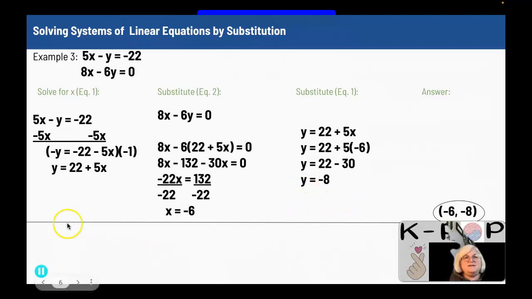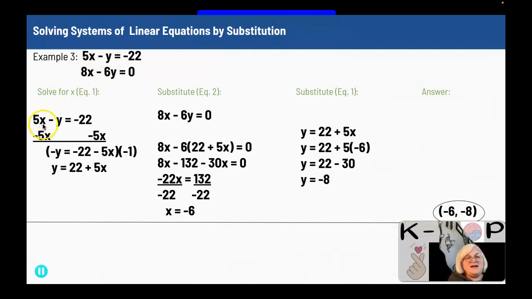Third example, 5x minus y equals negative 22, and 8x minus 6y equals 0. Okay, I'm looking for the x alone or the y alone. No coefficient shown, which means that it's 1. So I have the negative y, which I'll deal with.